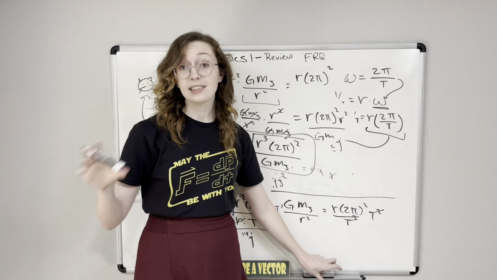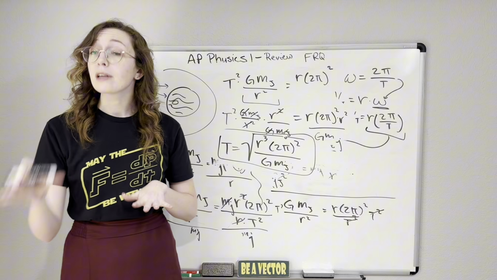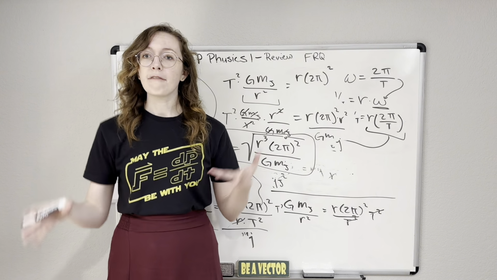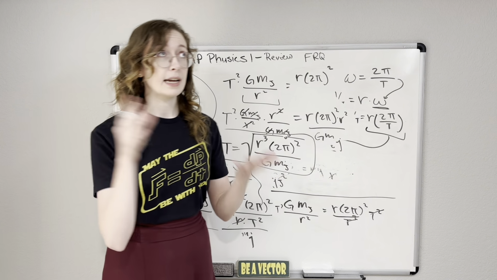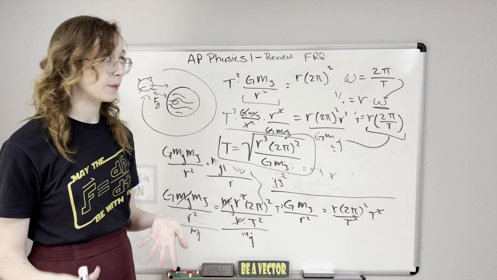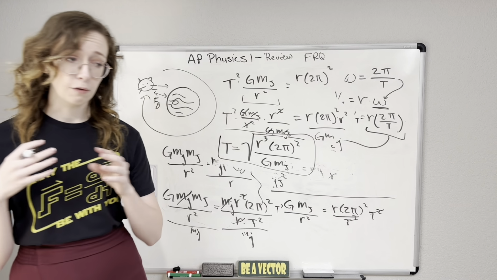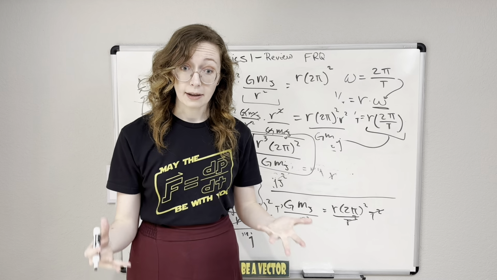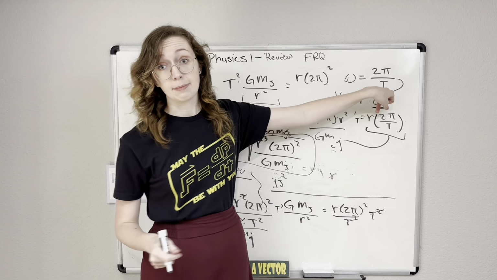So that was a lot of steps. It was a lot of algebra. But conceptually, what we did was really just a daisy chain of equations. So we said, okay, I know I can connect the net force that's acting on Juniper to her centripetal force, and I can connect that to her centripetal acceleration. I know that centripetal acceleration can be written as v squared over r. I know I can rewrite v in terms of my angular velocity, and I know that my angular velocity is related to my period.